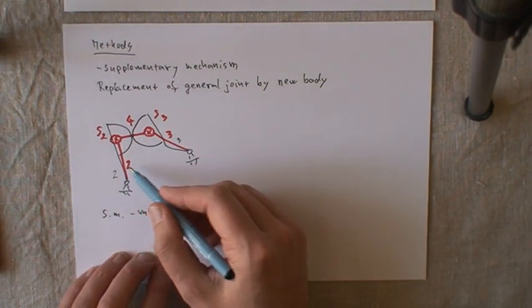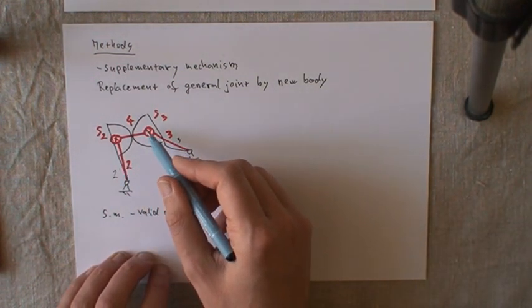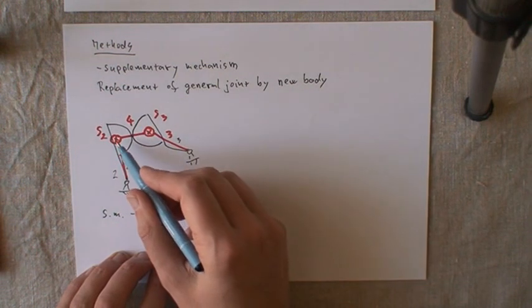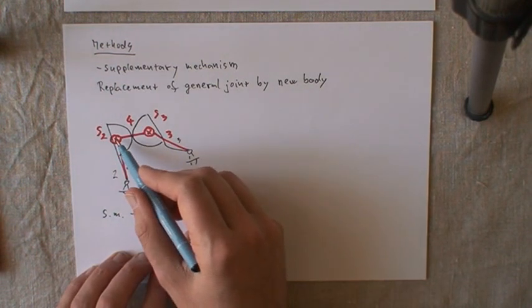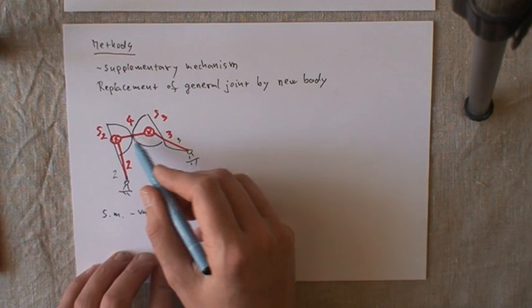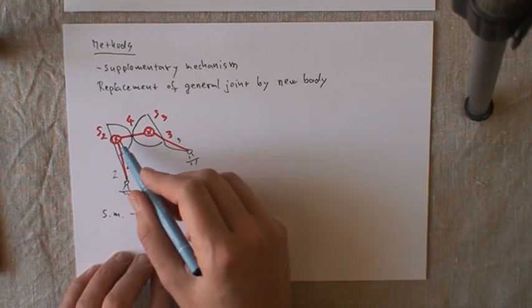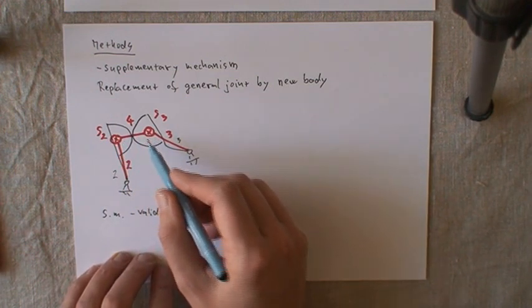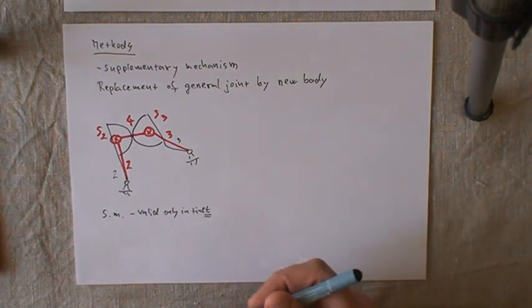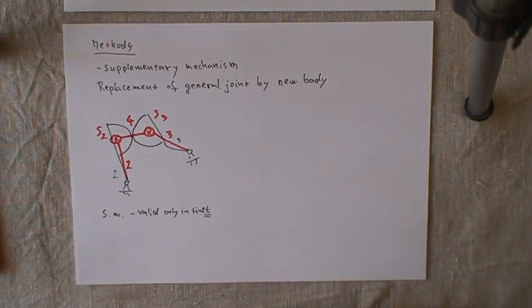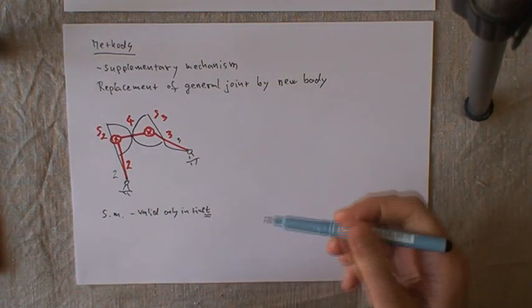Why? Well, because whenever there is a motion of the mechanism, then, for example, the distance between S2 and S3 can change. Okay, so we have to adjust the supplementary mechanism accordingly.